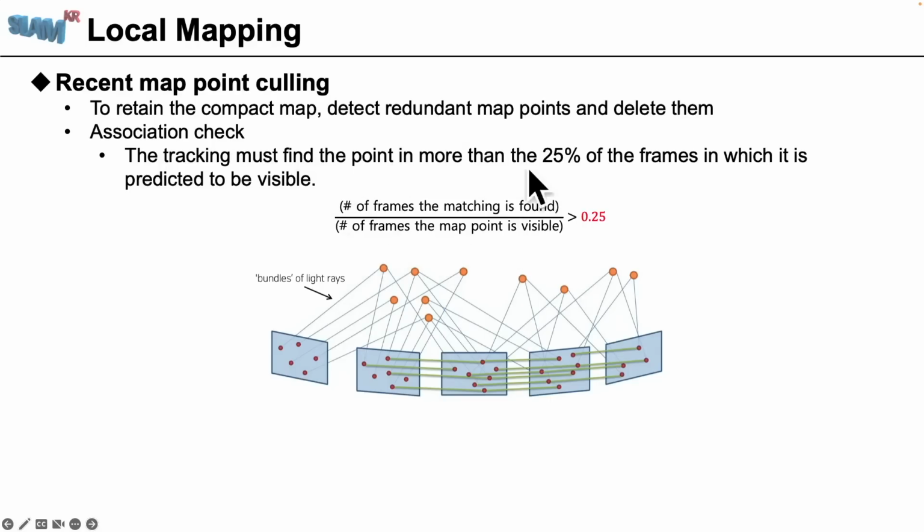This formula represents this sentence. In the numerator is the number of frames in which the matching is found, and in the denominator the number of frames in which the map point is visible. So if the ratio between them is smaller than 25%, then we remove that map point.